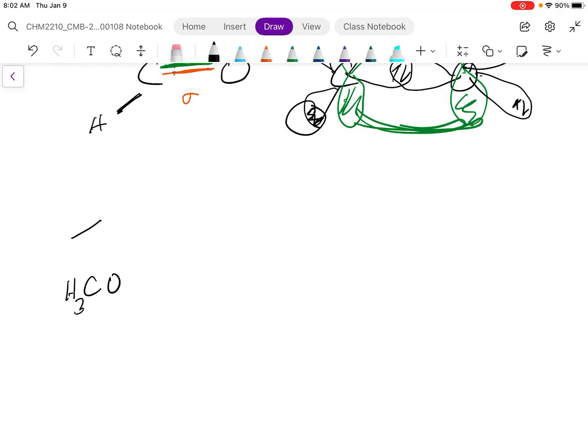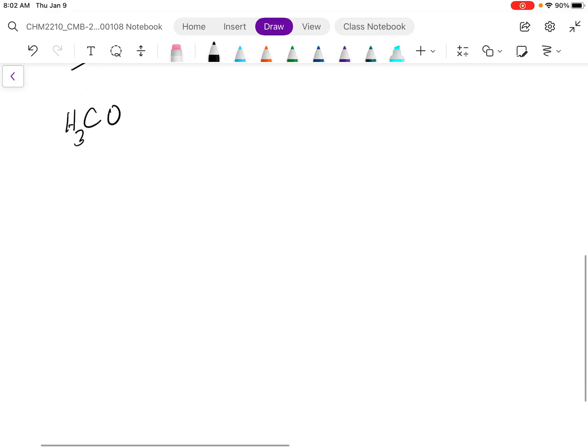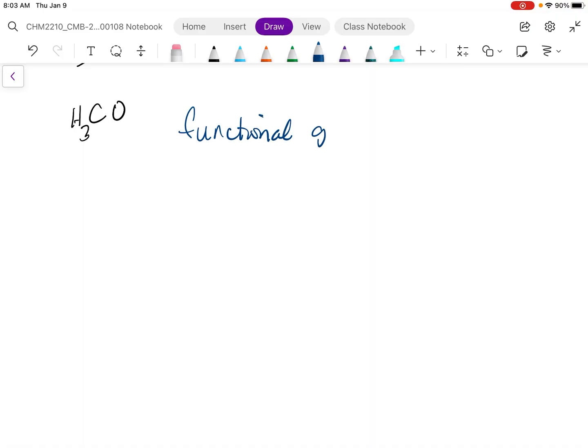Okay. So what I want you guys to do is I'm going to give you 3 molecules. You guys can all work together. And I want you guys to answer a couple of questions, okay? So the questions are, what functional groups are present in these 3 examples?